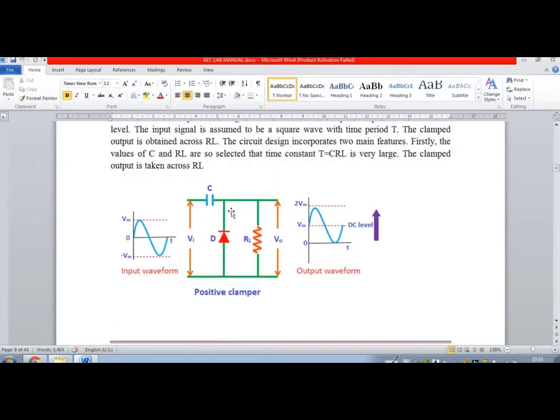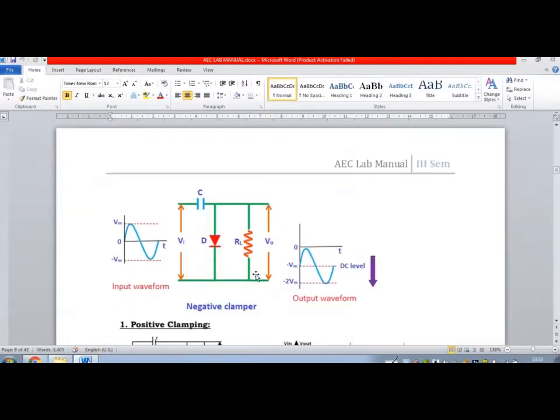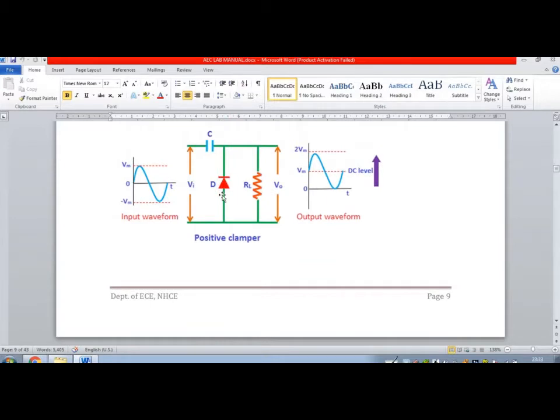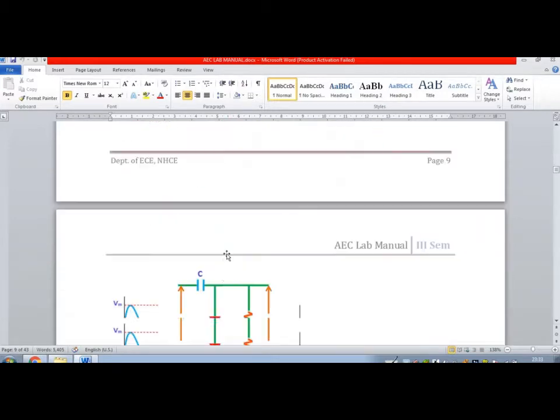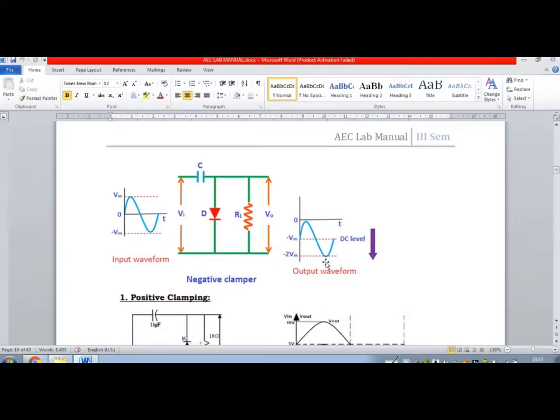The output is taken across the load resistor of the circuit. When the polarity of the diode is changed, then we can get the negative clamper circuit.